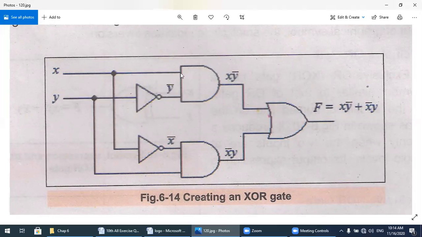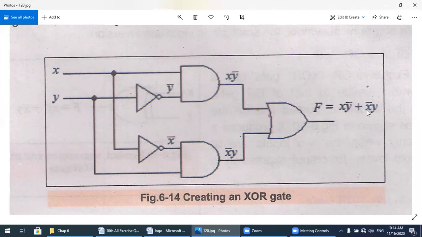Now x and y complement are passing into the AND gate over here. They are drawing the D at the top. So x y complement is coming from this side.